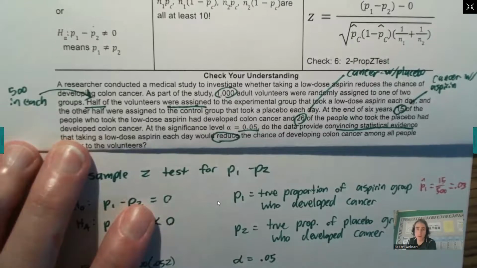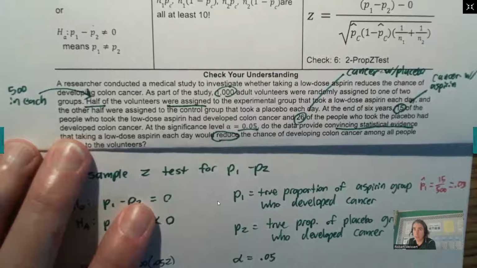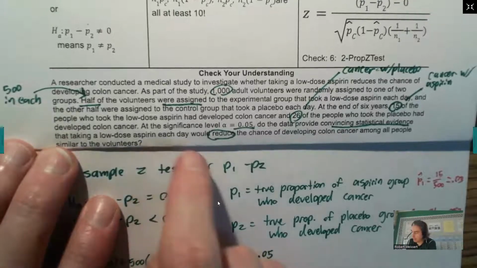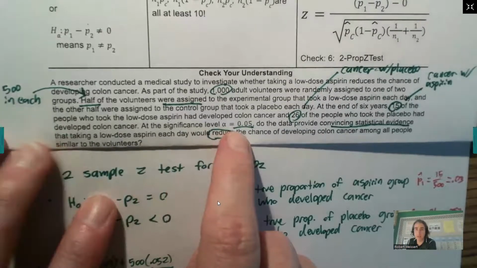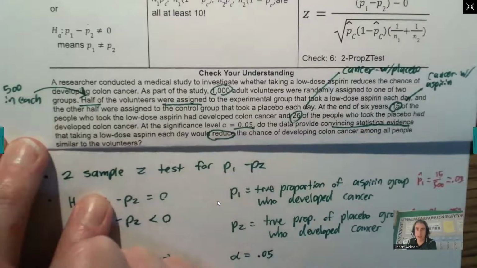At the end of the 6 years, 15 of the people who took the low-dose aspirin had developed colon cancer, and 26 of the people who took the placebo had developed colon cancer. At the significance level alpha is 0.05, do the data provide convincing statistical evidence that taking a low-dose aspirin each day would reduce the chance of developing colon cancer among people similar to these volunteers?